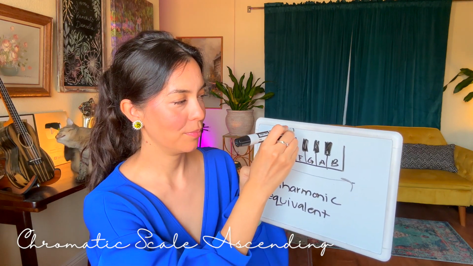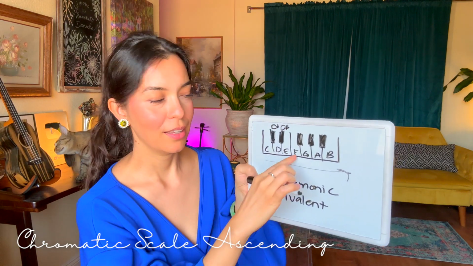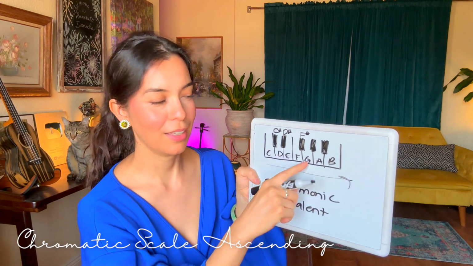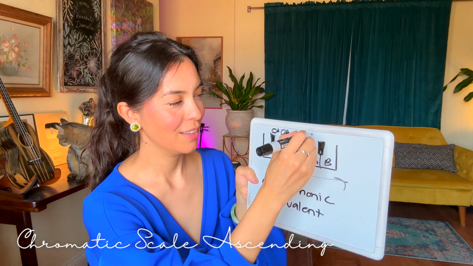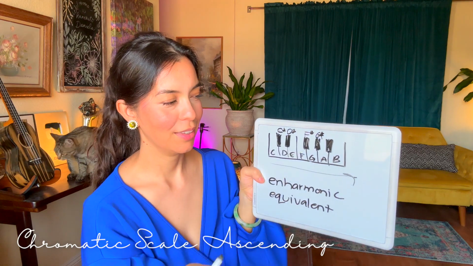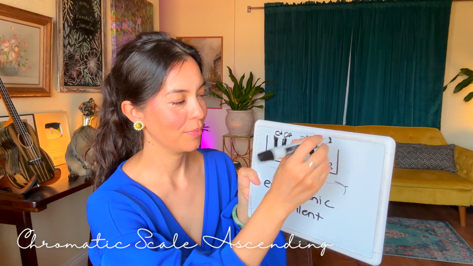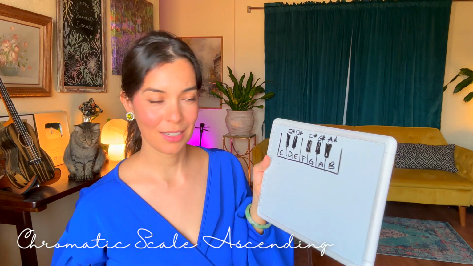D sharp. Next to F, what is that black key? F sharp. Next to G, what is the black key? G sharp. And next to A, what is the black key? A sharp. Perfect.